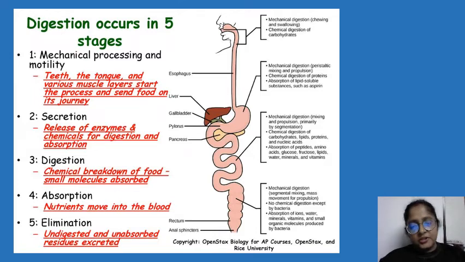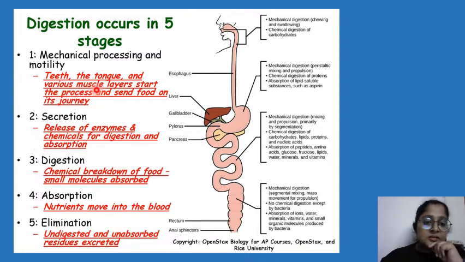Any kind of digestion, whether it is carbohydrate, protein or fat, has these five main processes or stages. First is the mechanical process or motility, like swallowing and chewing, or the chemical digestion we can say.